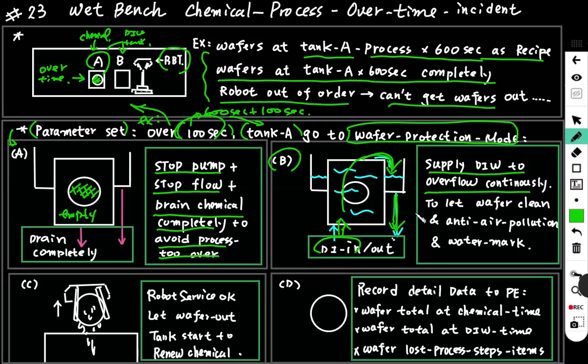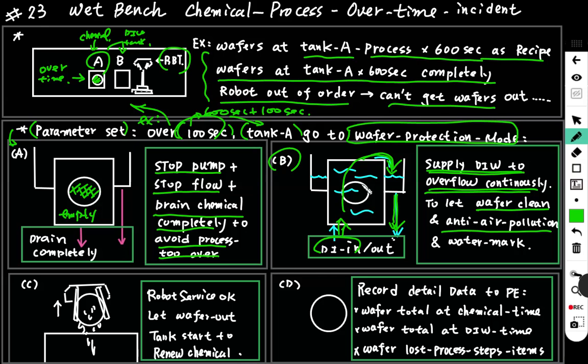This is the DI water dilution. Supply DI water to overflow continuously to dilute the wafer surface chemical. This is to let the wafer be clean and without chemical residue on the surface of the wafer, and to prevent air pollution.